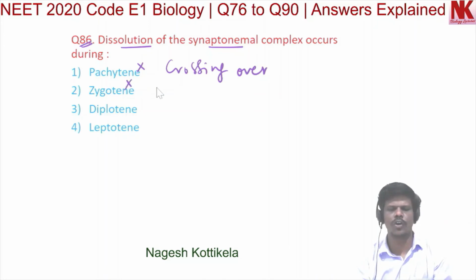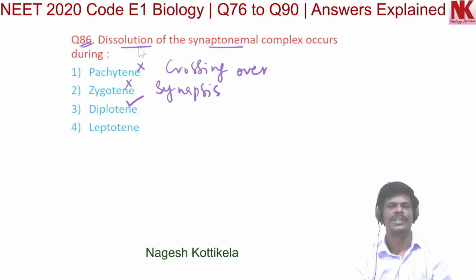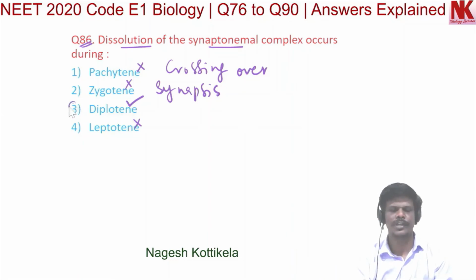This is also wrong, because during Zygotene synapsis will occur. Option 3 Diplotene. This is correct, because during the diplotene dissolution of synaptonemal complex occurs. Option 4 Leptotene is wrong, because during this chromatin fibers organize to form chromosomes. So more appropriate option is option 3.